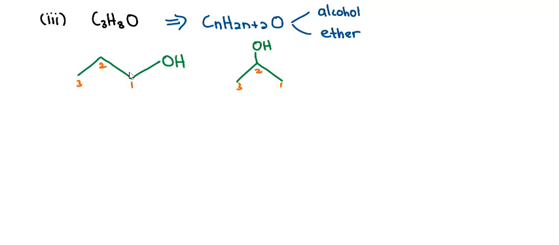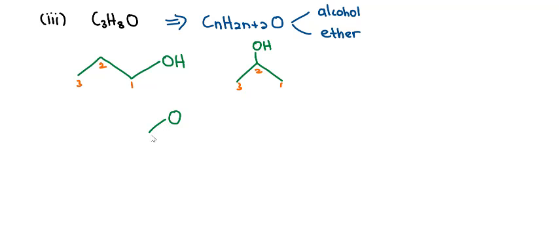Now let's have a look at this structure. We are going to change from alcohol into ether. The functional group of ether is C-O-C. So the O is going to be in the center, and then we have carbon.